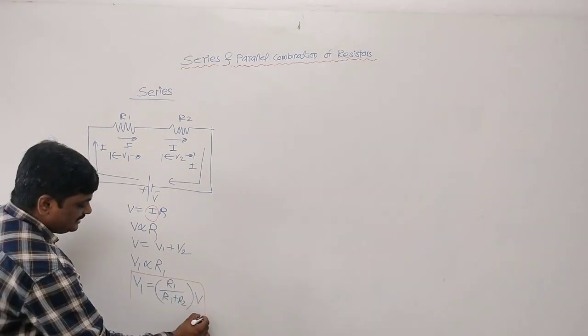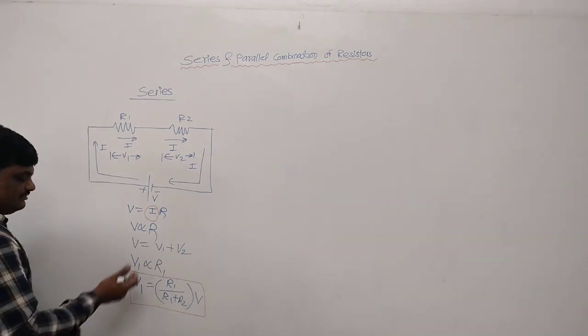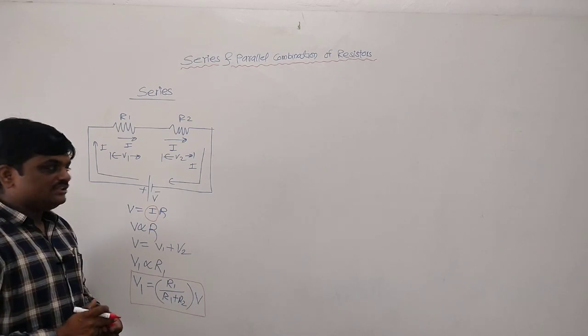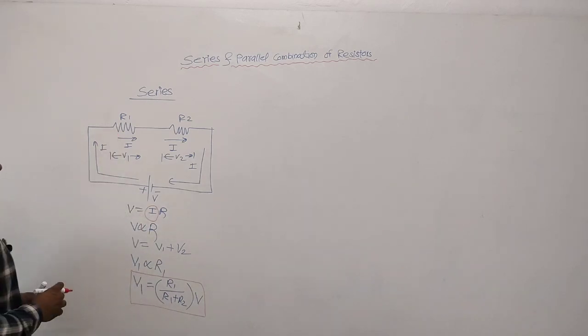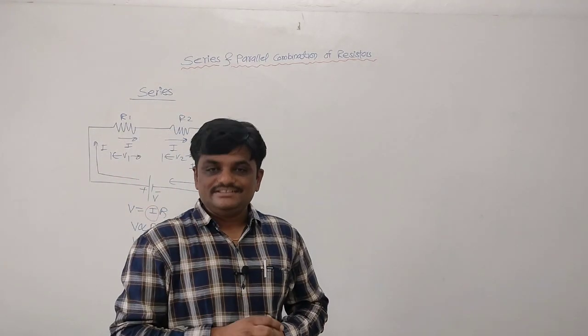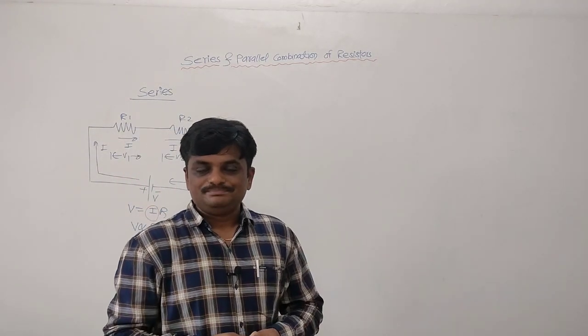Similarly, the voltage across R2 will be R2 divided by R1 plus R2 into total voltage V. So in series combination there is division of voltage, that is why it also acts as a voltage divider, that is potential divider.